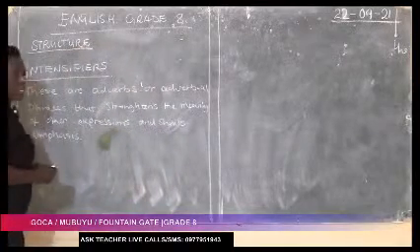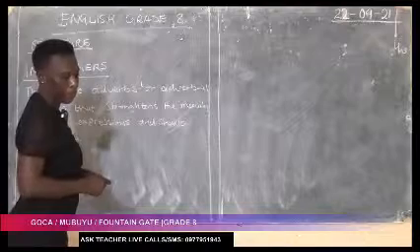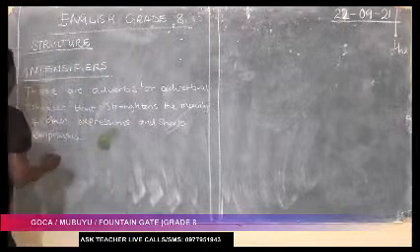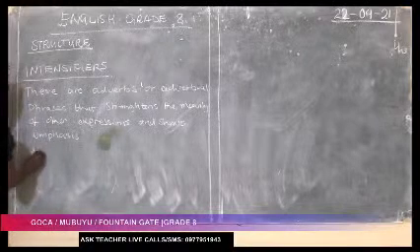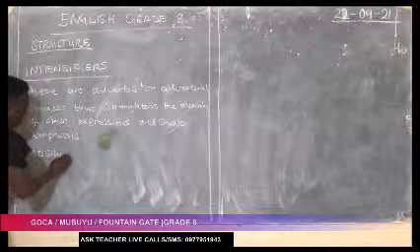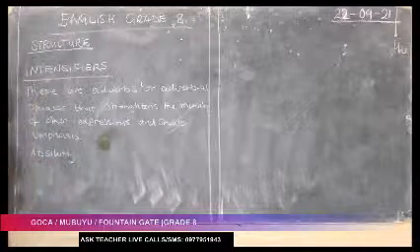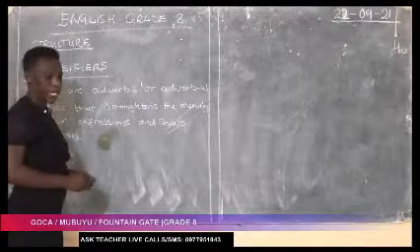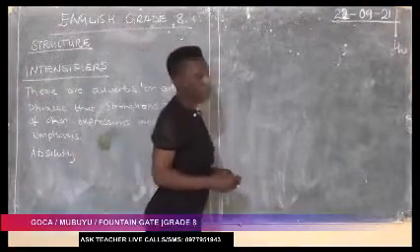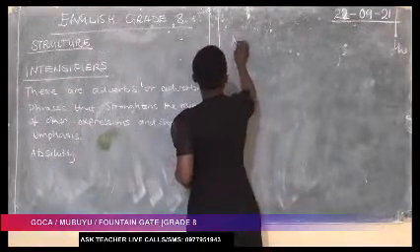So the first word that is used, I can say maybe, is absolutely. Absolutely is one of the words that is used. Maybe let me write it on the opposite board. Absolutely, completely.